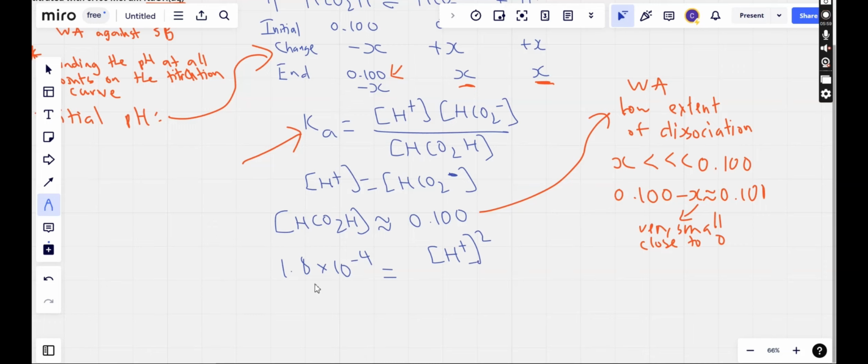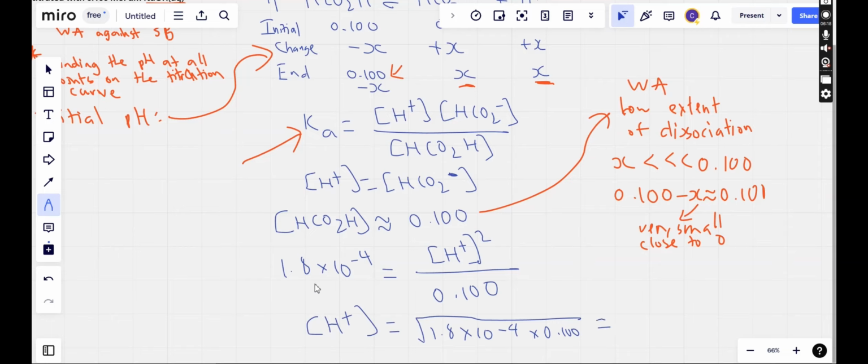So it's like H plus multiplied by H plus equals H squared over 0.100. So H plus is equal to the square root of 1.8 times 10 negative 4 times 0.100. If you punch that into the calculator, you should get 0.00424426 mol dm cube.